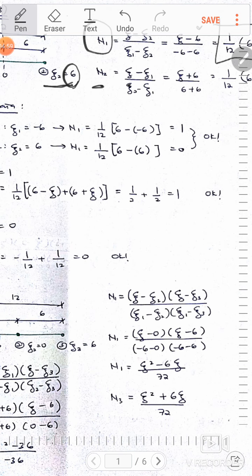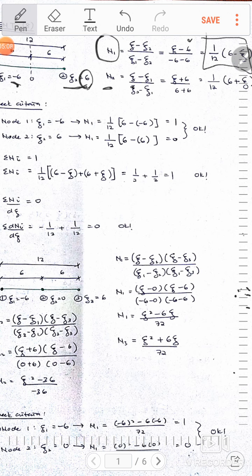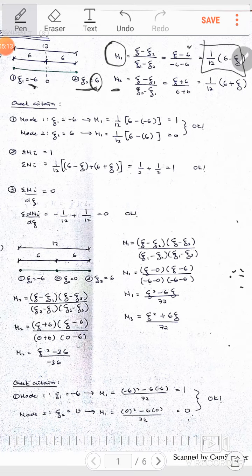So here we have only two nodes because I have one element. My rule will be this one, the Lagrange method. After that, check criteria. The first one: after you substitute the value of xi 1, I'm working now on node number 1, and xi 1 is minus 6, just substitute it in xi.